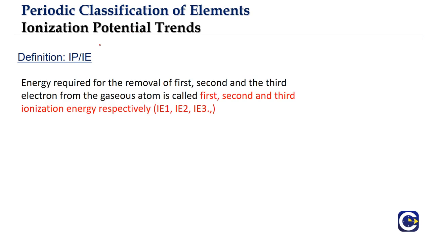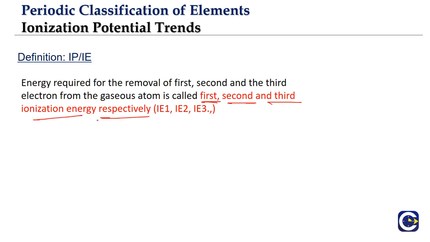Now when we are removing the electrons successively, every time we remove an electron we will be supplying energy, and we call them first, second, third ionization energy.